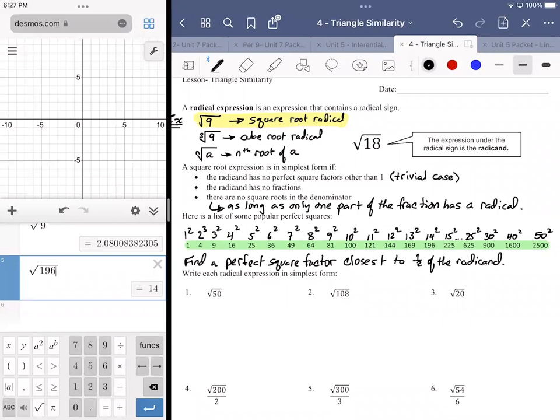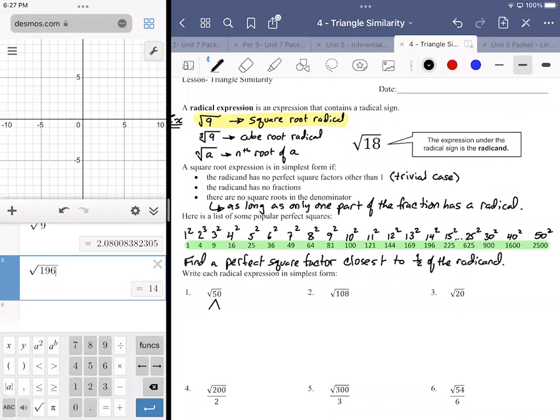So we don't have the luxury as students to do something every single day for a particular topic. I mean, you've got other classes to worry about, things like that. But if you follow this strategy, you'll be able to simplify radicals fairly quickly and easily, right? So we're looking for a perfect square factor that's closest to half the radicand. And then what we do is we make a little tree diagram.